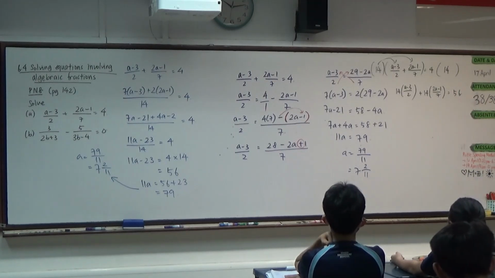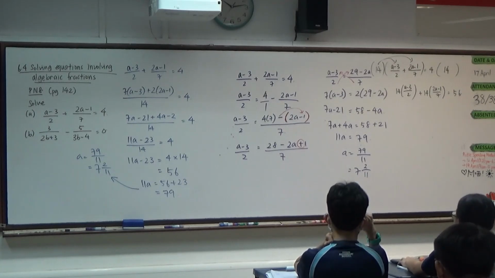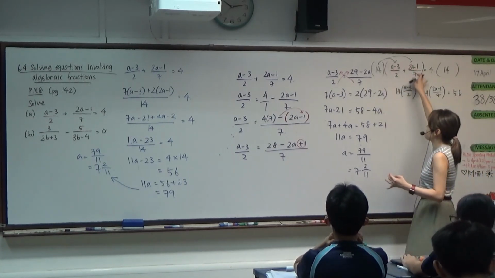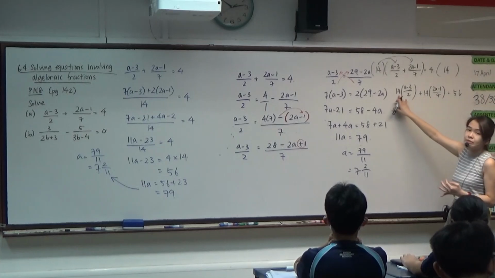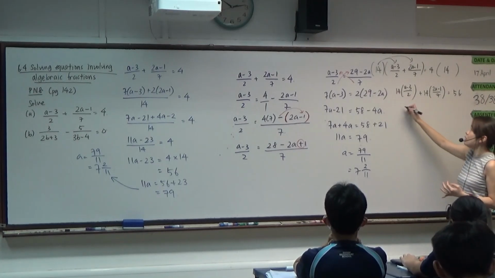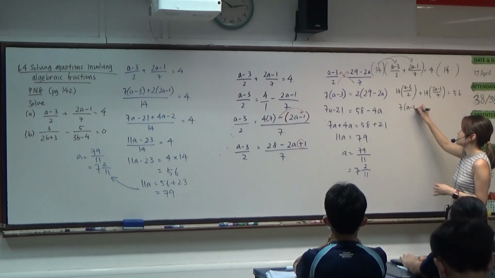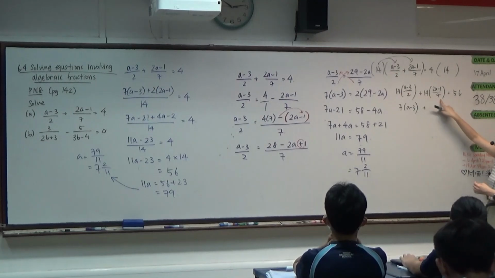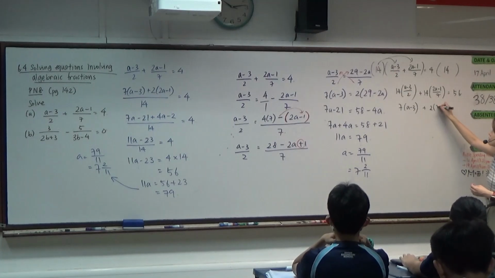I'm doing intentional steps over here. Of course, if you understand it, you can reduce certain steps. So when I do my expansion, 14 I can divide by 2, I will get 7, and then 14 divided by 7, I'll get 2.